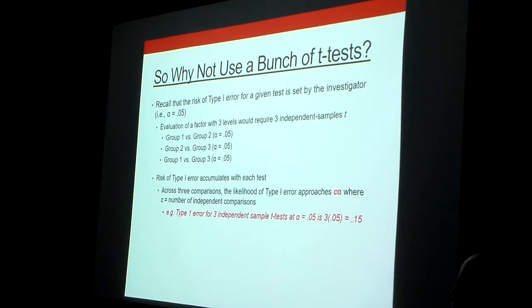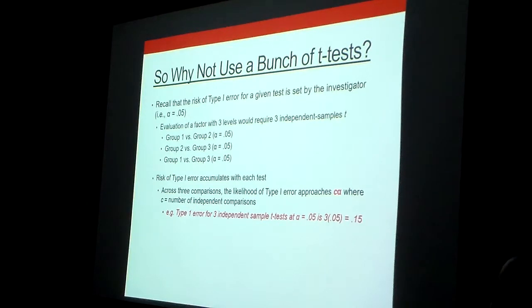So, assuming that the null is true, the likelihood of us claiming that there's an effect when there isn't one is about 0.15, when we think what we're doing is keeping that alpha at 0.05. And so we've got alpha inflation. The likelihood of making at least one type 1 error in this group of tests is considerably higher than what we've set our individual alpha at.